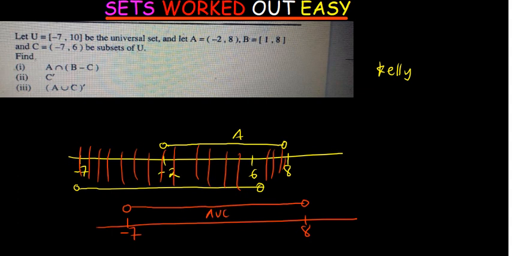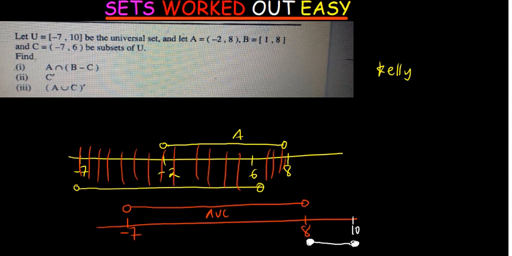But we are interested in A union C complement. So we're going to start from just the 8. We are going to include 8 up to where the universal set ends. The universal set ends at what? At 10. And at 10, you see that 10 is part of the universal set, so it will be included in the complement.